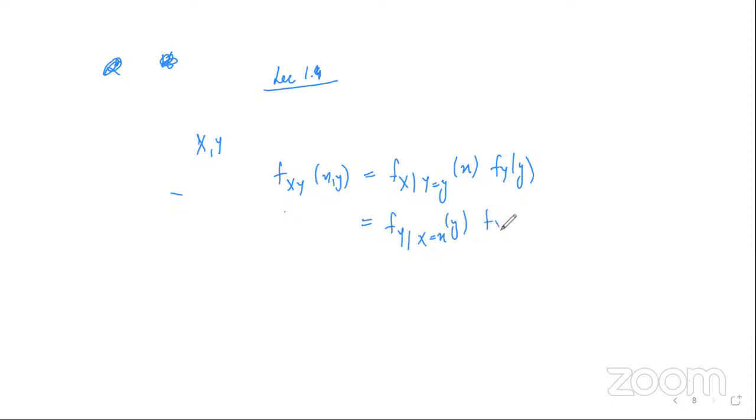So if you have the joint distribution of X, Y, you can write f_XY(x,y) as f_{X|Y}(x|y) times f_Y(y). Or you can also write this as f_{Y|X}(y|x) times f_X(x). So this is what is meant by writing the joint using the conditional.